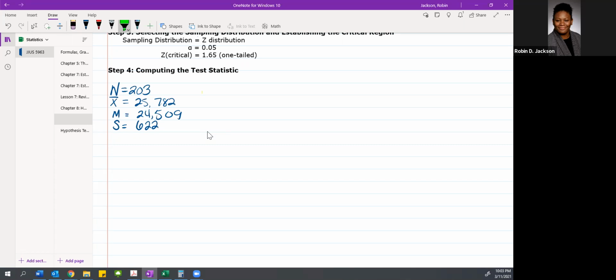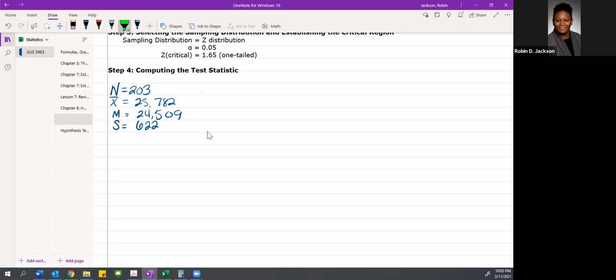My apologies. There's so many different terms that sometimes I forget which one I'm trying to say. All right, so as I was saying, Z obtained, and you use the formula that goes with this particular test.